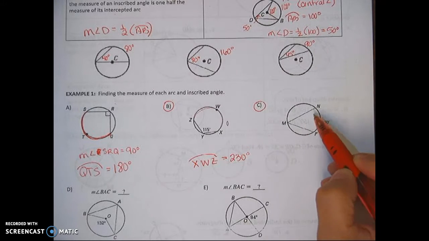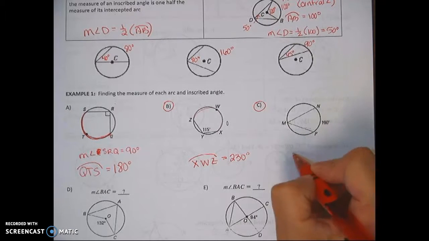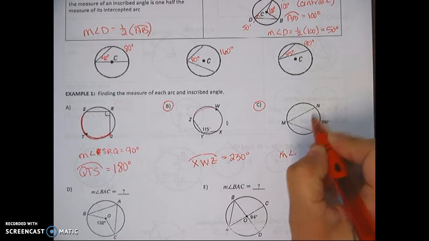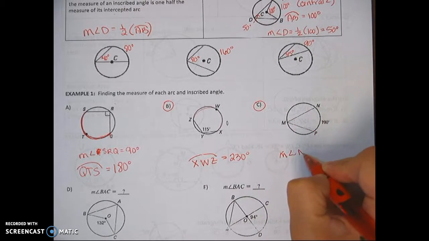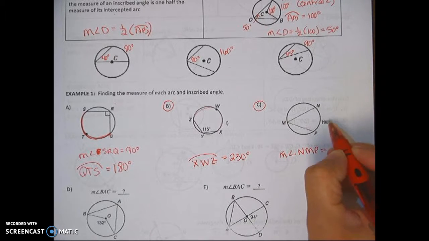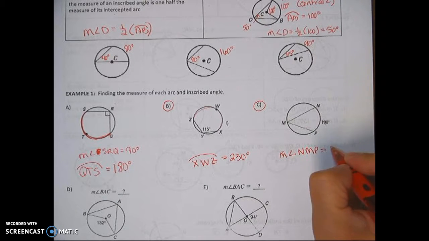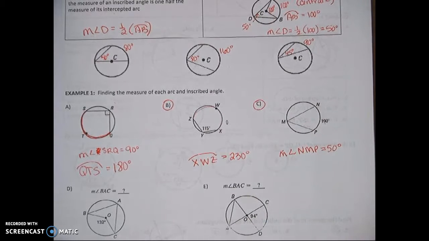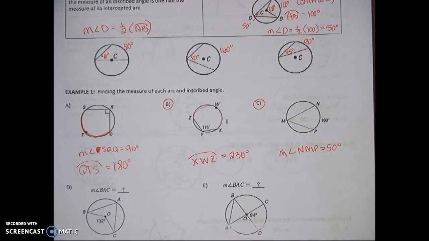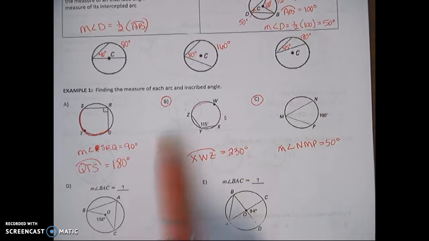On part C, you were given the arc, so you're looking for the angle. The measure of angle NMP is half the measurement of this arc, which is 50 degrees. If you did not get those, then rewind the video a little bit and figure out where you messed up.